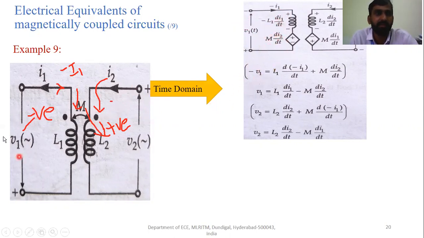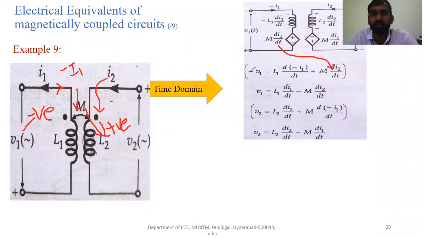So as V1 is also negative, minus V1 is equal to L1 d of minus I1 by dt, which is equal to minus L1 di1 by dt, plus, as I2 is positive and M is also positive with respect to minus I1 and I2, plus M di2 by dt.